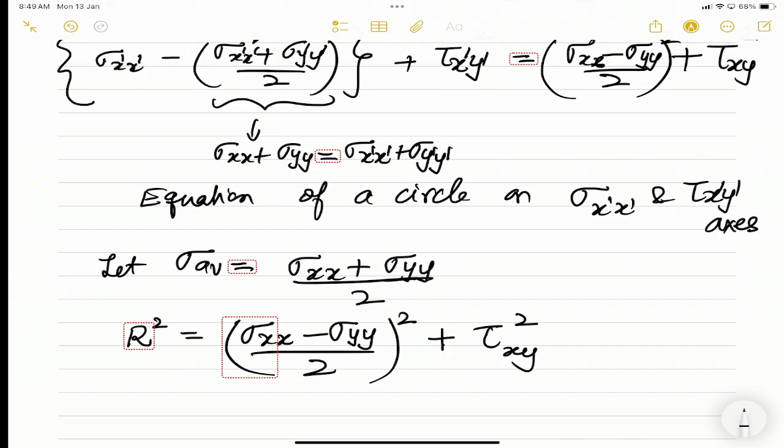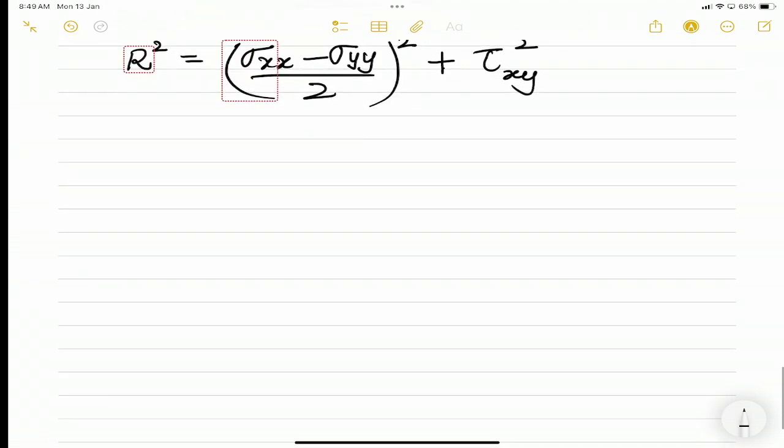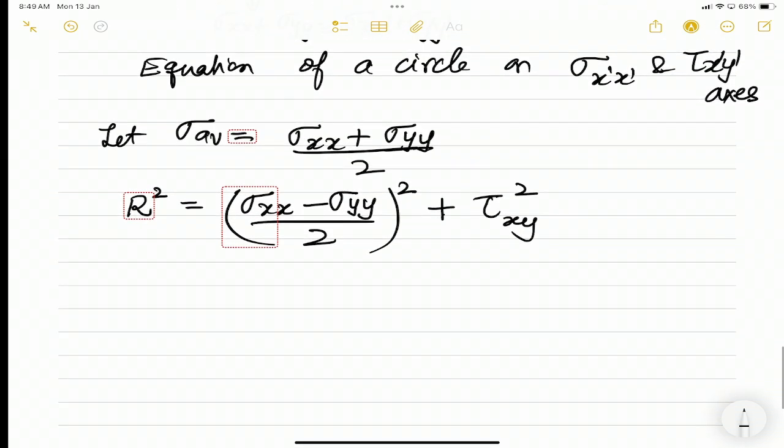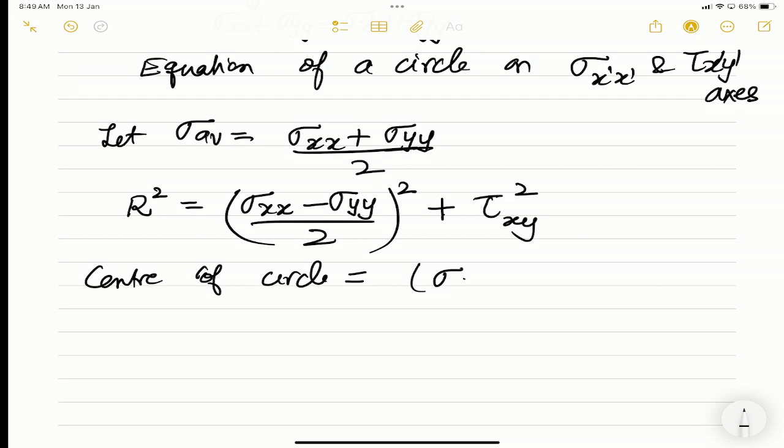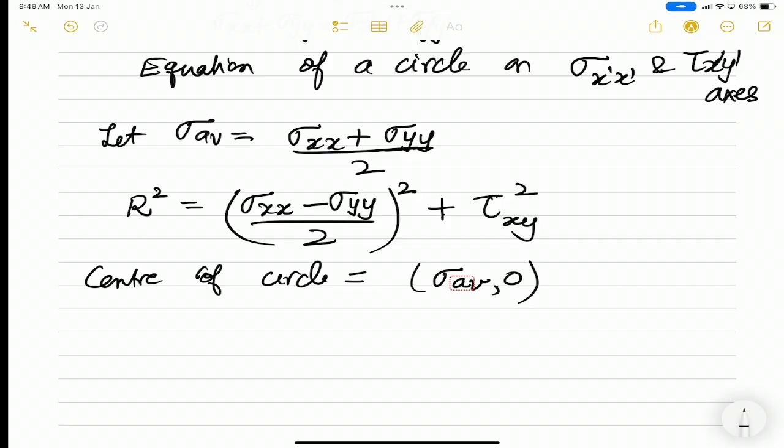So what I have got is the equation of a circle, and now the center of the circle is at sigma average on the x-axis, and the radius is equal to R.